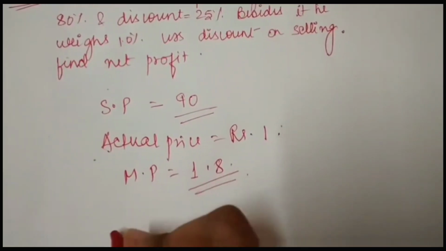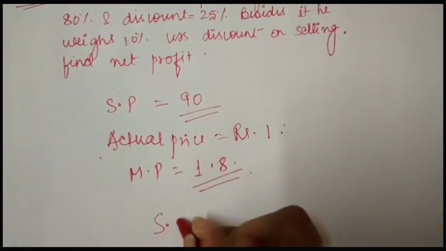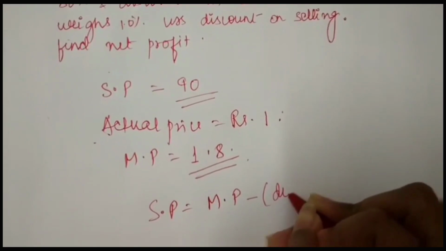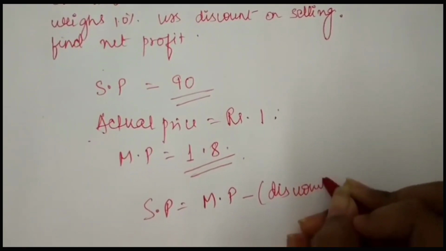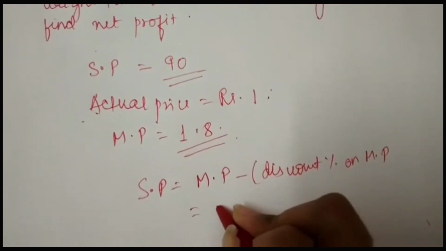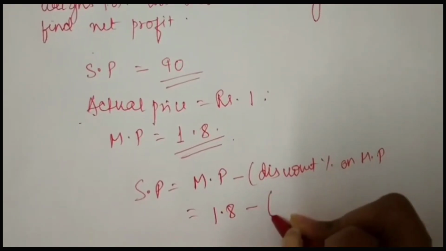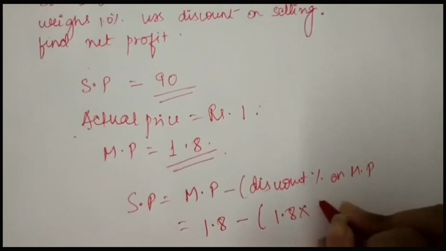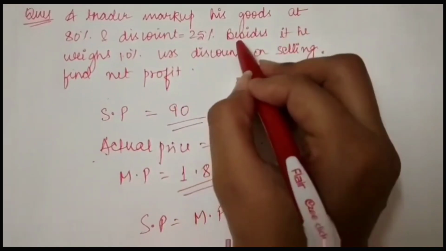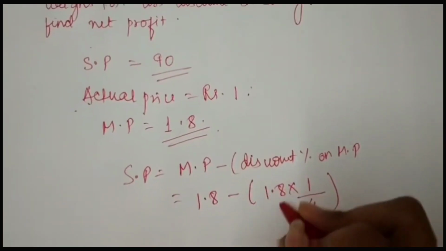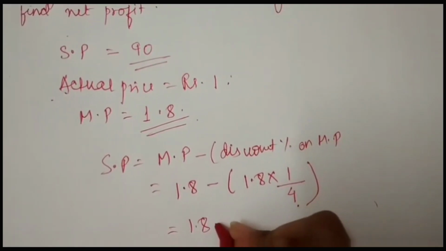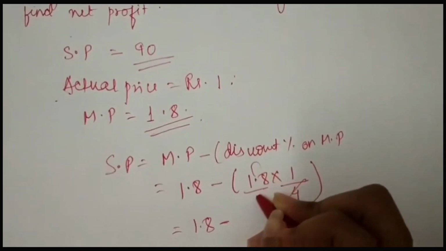ठीक है friends. So selling price का फॉर्मूला क्या होता है? मार्क प्राइस माइनस डिस्काउंट परसेंटेज ऑन मार्क प्राइस, राइट? सो हम यहाँ पे लिखेंगे मार्क प्राइस इज 1.8 माइनस 1.8 इंटू 1/4. 1/4 क्यों किया? बिकॉज इट इज गिवन एज अ डिस्काउंट एज 25%. सो इसको सॉल्व करेंगे तो कितना आएगा? 1.8 माइनस, this will be 18/10.